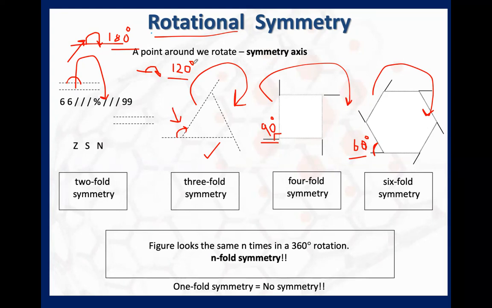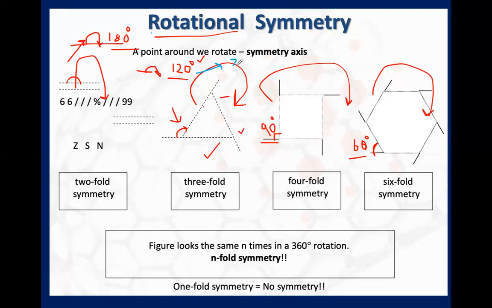If this is 120 degree, when you rotate one time 120 degree, you will see the same shape. When you rotate another 120 degree, you should see the same shape again. And another 120 degree, you will see the same image, right? So in this case, three times you can see the same object.